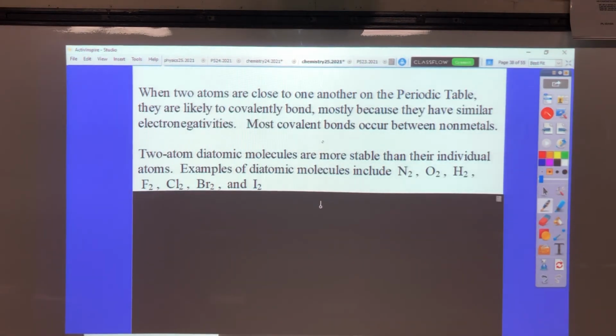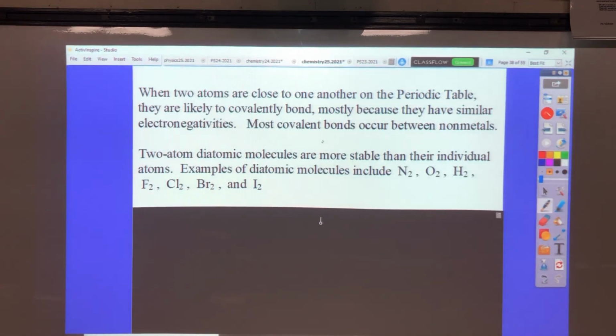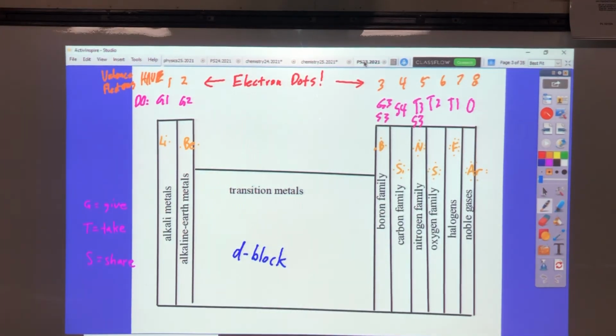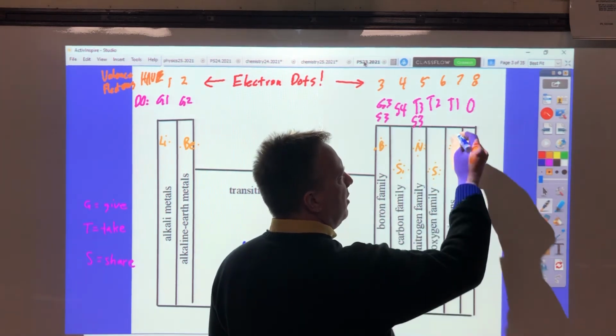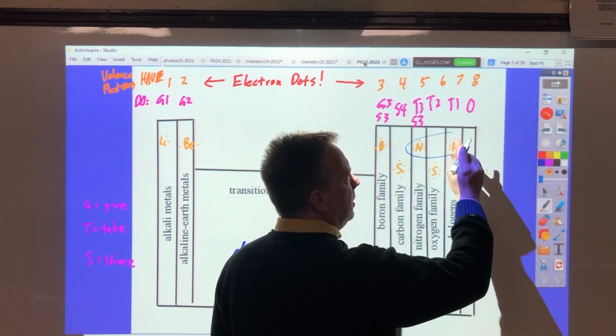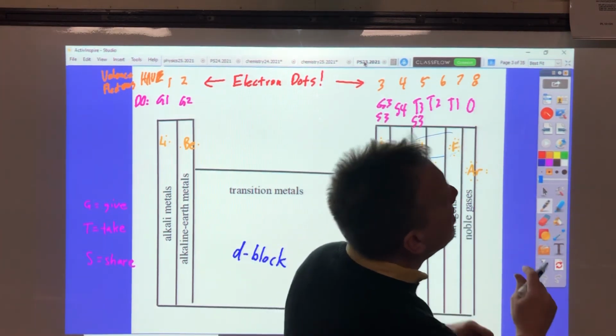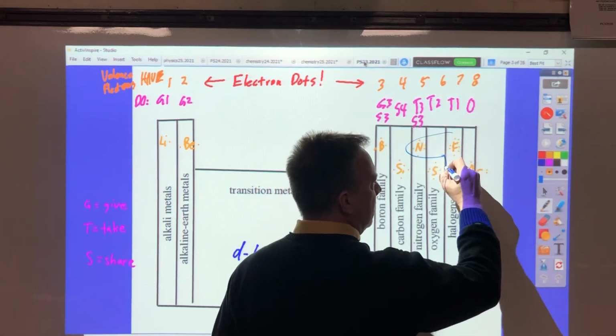Two-atom diatomic molecules are more stable than individual atoms. Examples of diatomics are N2, O2, H2, F2, Cl2, Br2, and I2. Basically, they fall from N2, O2, F2, and down here.